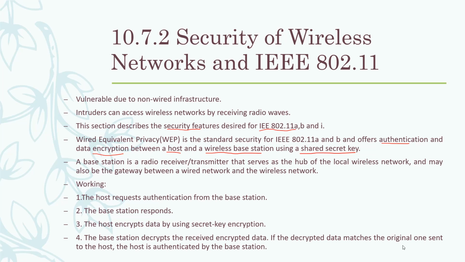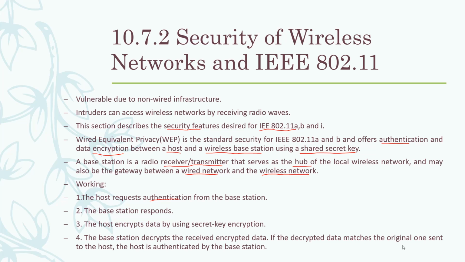Now what is a base station? A base station is a radio receiver and transmitter, or transceiver, which serves as the hub of the local wireless network and may also be the gateway between the wired network and wireless network. The working of WEP: the host requests authentication from the base station, and the base station responds.